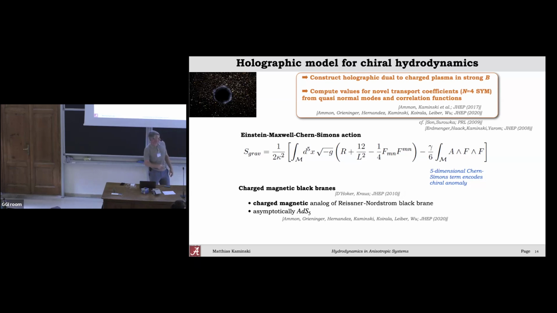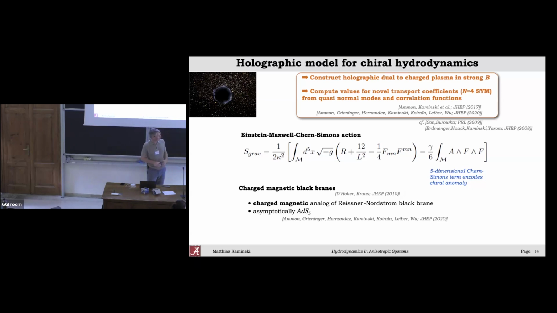The chiral anomaly breaks parity, and this term breaks parity as well. You could think of it this way. And then we find solutions which are generalizations of the D'Hoker-Kraus charged magnetic black branes. So they carry a charge, in addition to, like, the Reissner-Nordstrom black hole, a charged black hole that might be familiar to you.